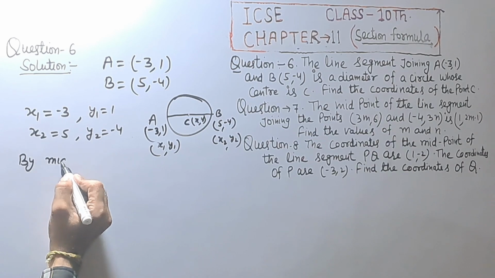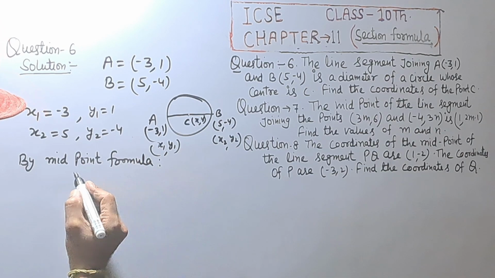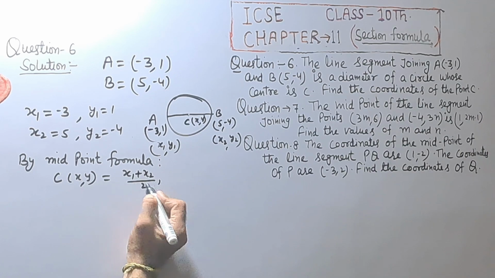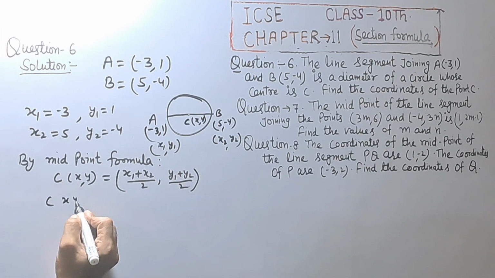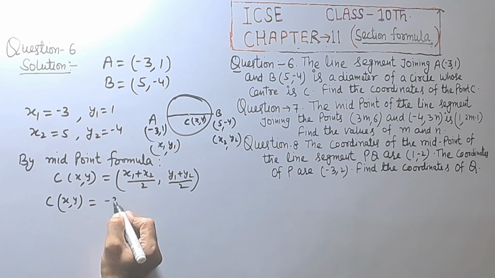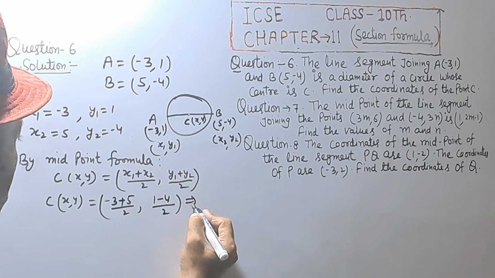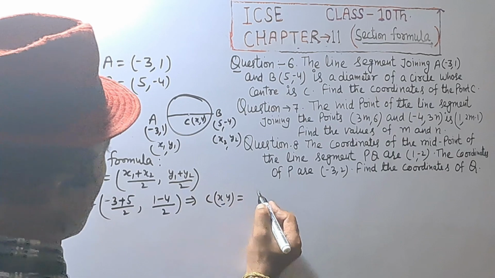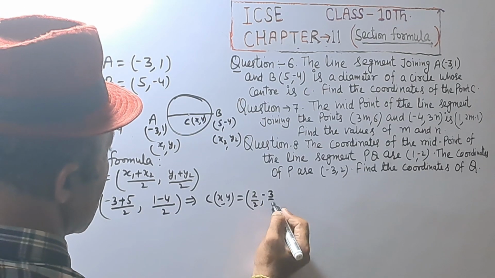By the midpoint formula, C(x, y) is equal to ((x1 + x2)/2, (y1 + y2)/2). So C(x, y) is equal to ((-3 + 5)/2, (1 + (-4))/2), which implies 5 minus 3 is equal to 2 and 2 upon 2 is equal to 1, and -4 plus 1 is equal to -3 upon 2.